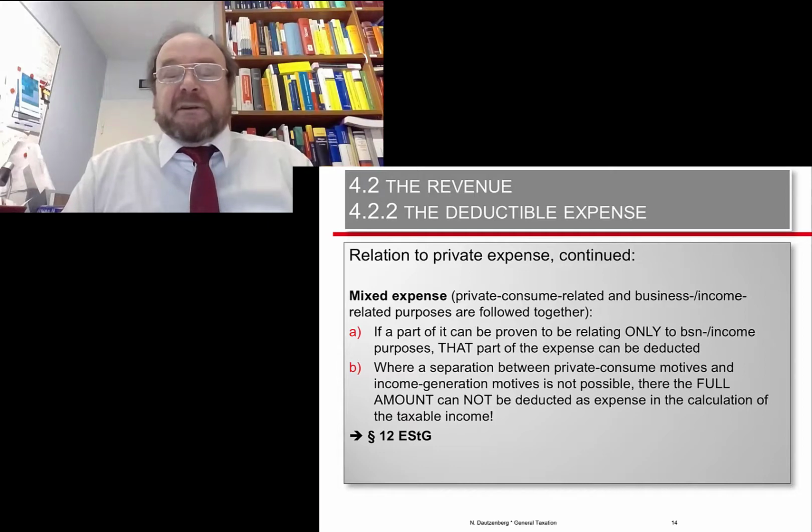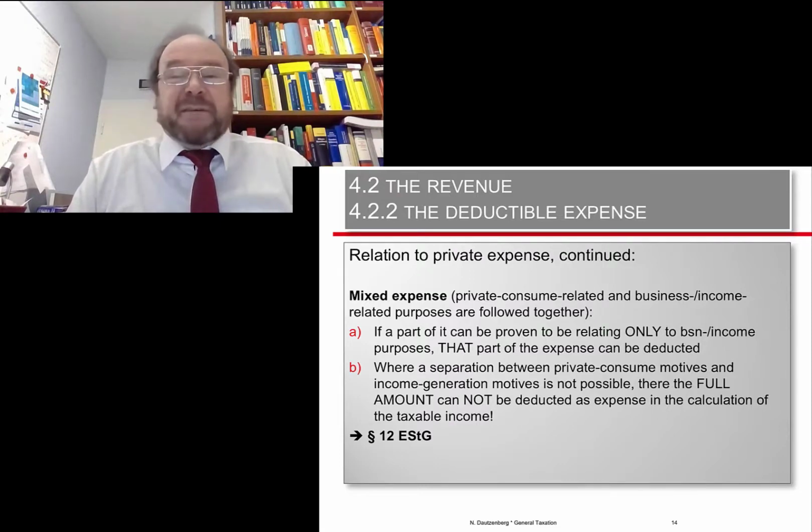Well, now imagine you apply for a job in Munich, which you never really want to take. And you use the opportunity to stay 2 days in Munich at a hotel and enjoy visiting Munich. Now the question is, are the travel costs still deductible?